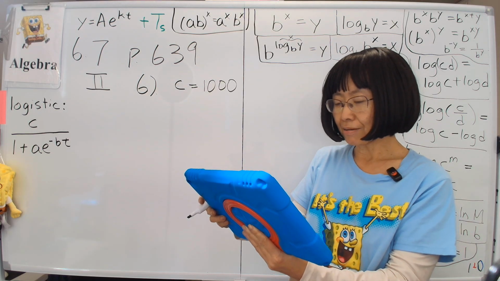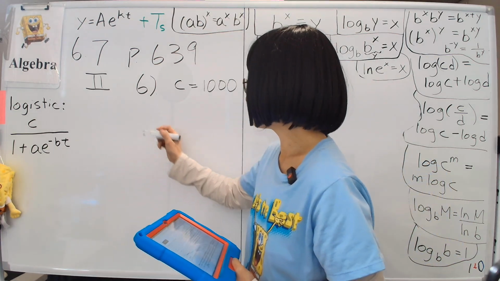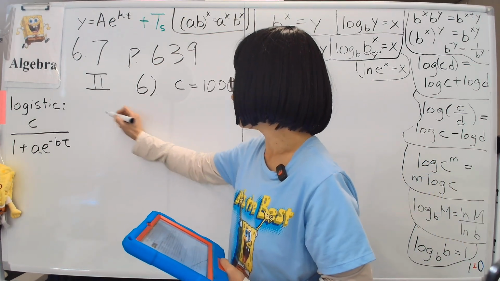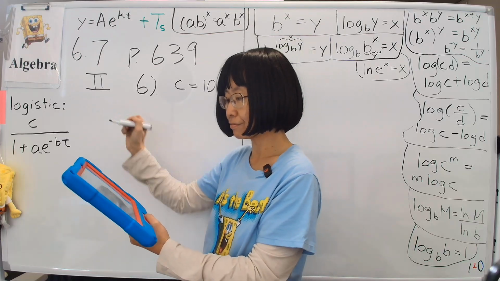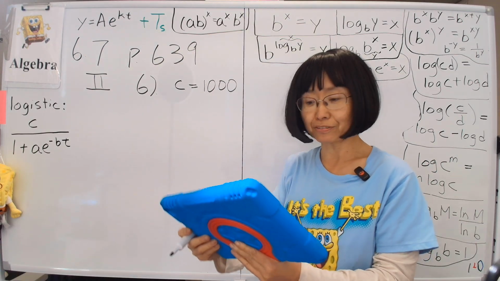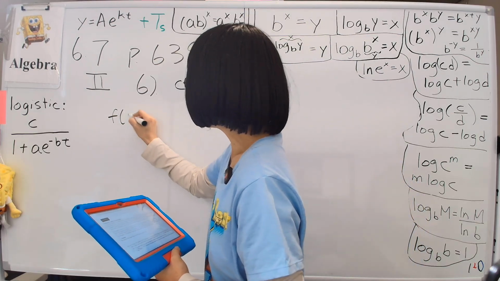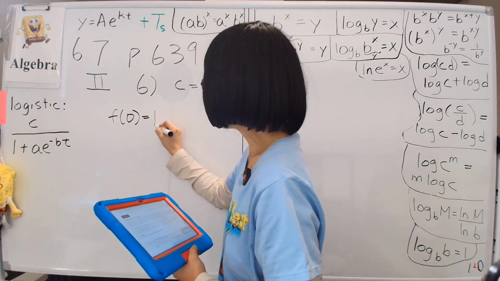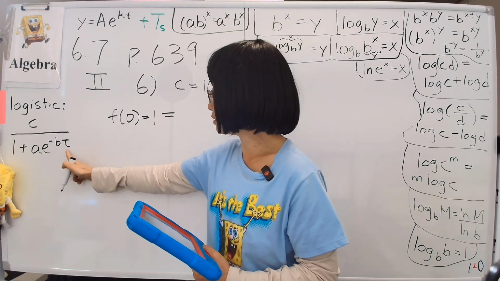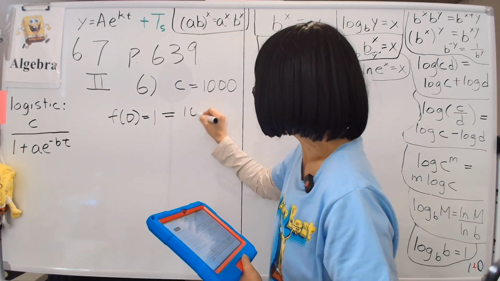And with that information, we can plug it in and figure out what A is. Because the function f is calculating in this example how many people have the flu. Okay, so f of 0 is only going to equal 1, and that equals, so we'll plug 0 in here. Okay, and c is 1,000. So let's write that down.